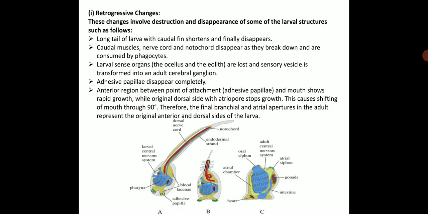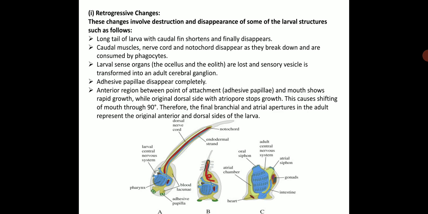Adhesive papillae disappear completely. So here what happens, in the picture you can clearly make out A, B and C, that is the anterior region which is present between the adhesive papillae and the mouth. It shows rapid growth, while the original dorsal side, which has the atriopore, stops the growth.